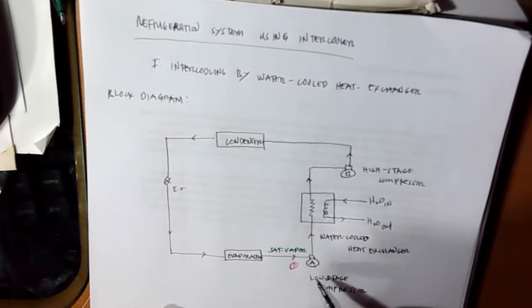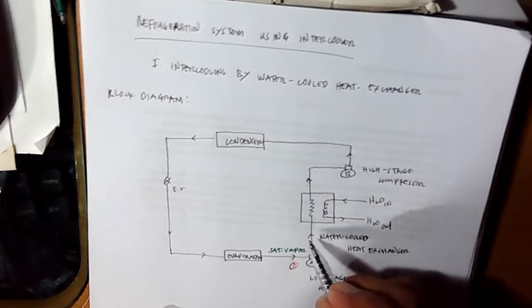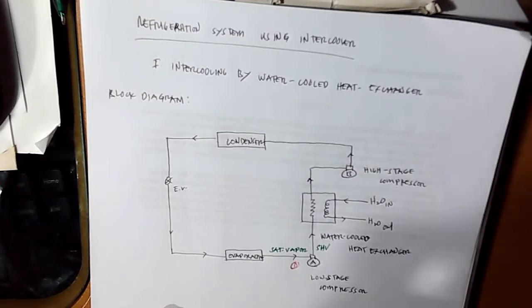You compress it isentropically, then you change saturated vapor into superheated vapor, high pressure, high temperature, at low stage condition, since we are in the first compressor A, which is what we call the low stage compressor.